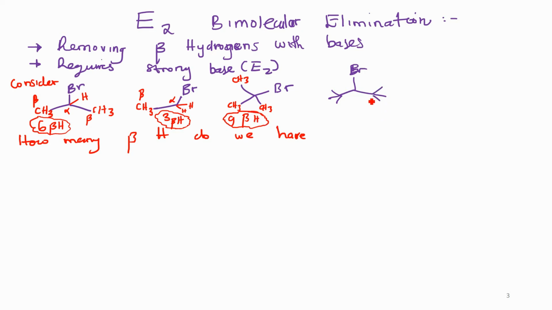How about this one? How many beta hydrogens? 18. You are so wrong. 0 beta hydrogens. You're looking at this carbon right there and that carbon right there. Do you have hydrogens there? You don't. The hydrogens are on the gamma carbons, not the beta carbons, because these are your betas.